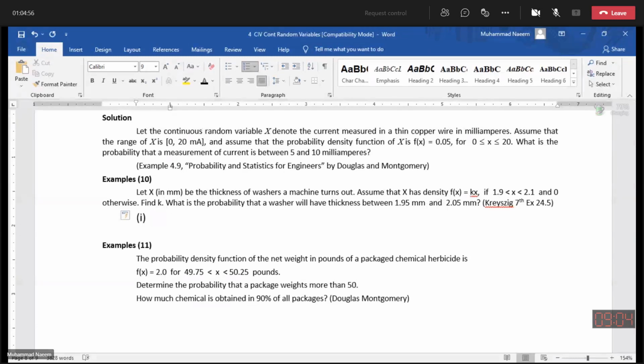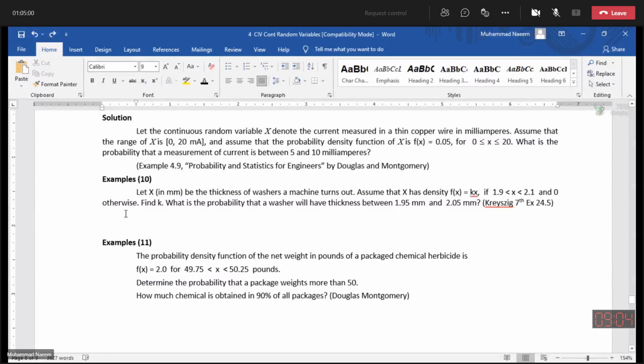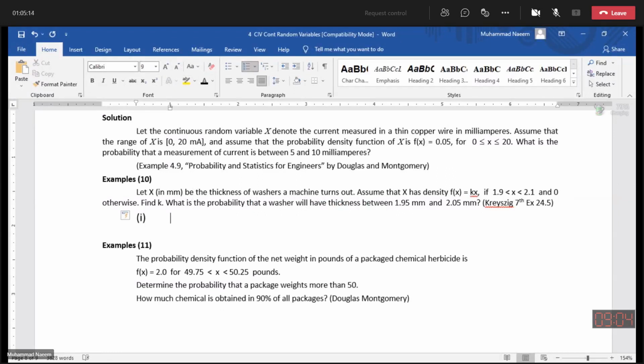We integrate our probability density function f of x and equate it to 1.